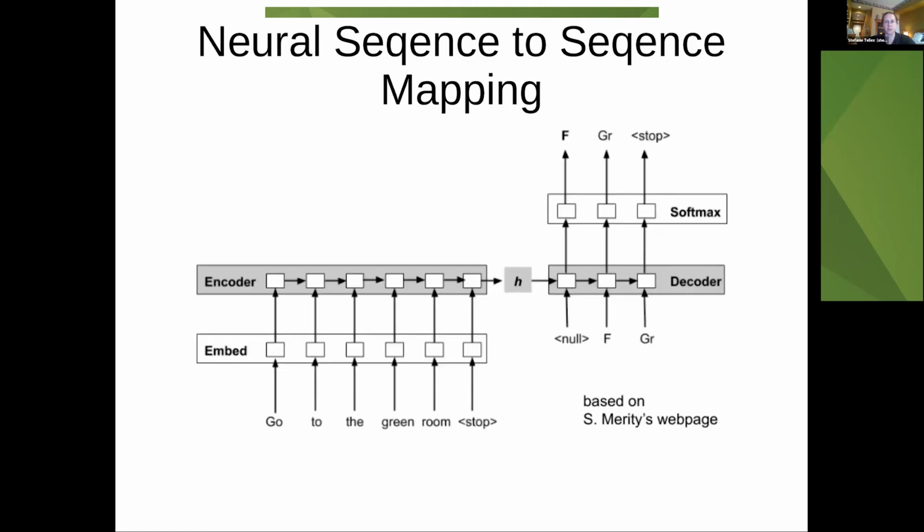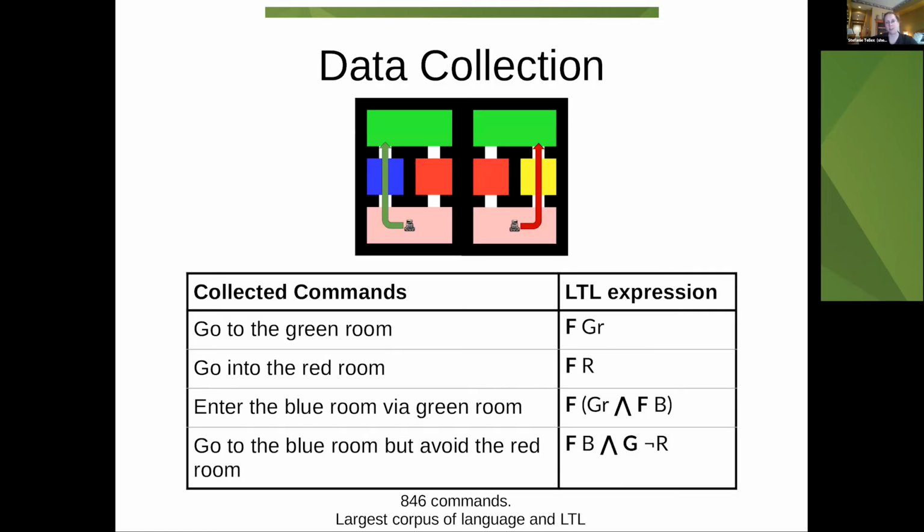So then we collected a data set where we showed people trajectories of the robot doing things in this little environment, positive and negative examples. And then with each set of examples, we had an associated LTL expression that we annotated.